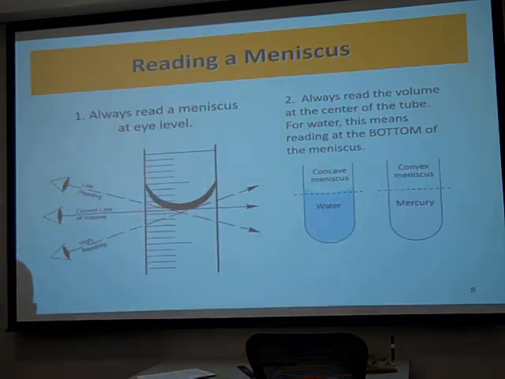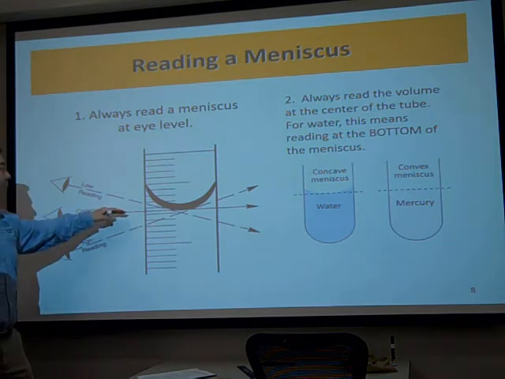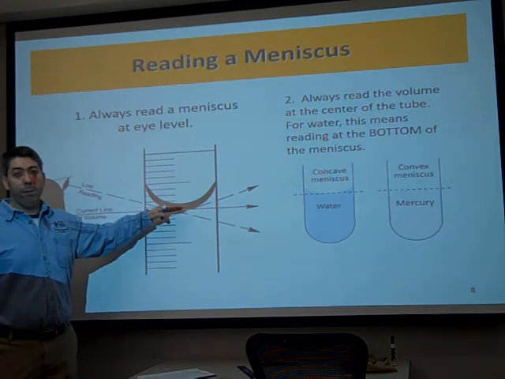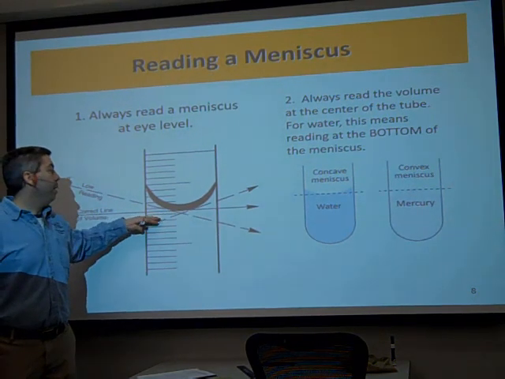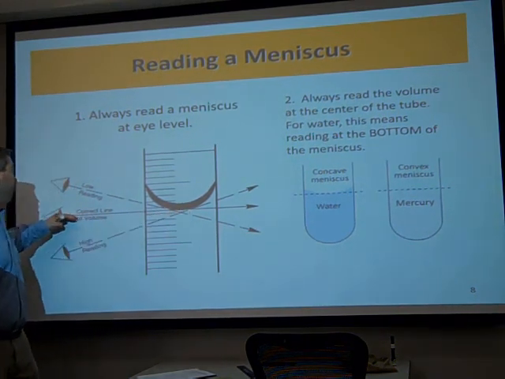Also, glass and water does funny things to your eyes. If you look at it from a particular direction, it looks like it's less, and if you look at it from a particular direction here, it looks like it's more. So you have to be careful that when you're reading these, you read them at eye level. You want where you're measuring, the bottom of the meniscus, usually for water, to be at eye level.